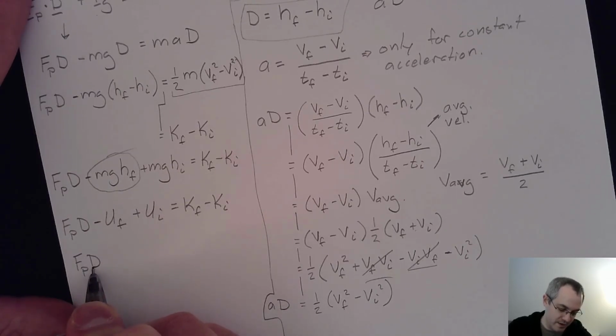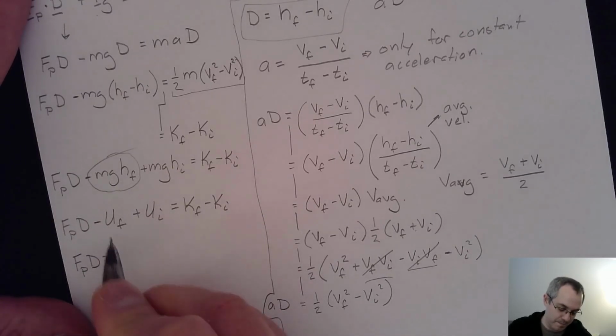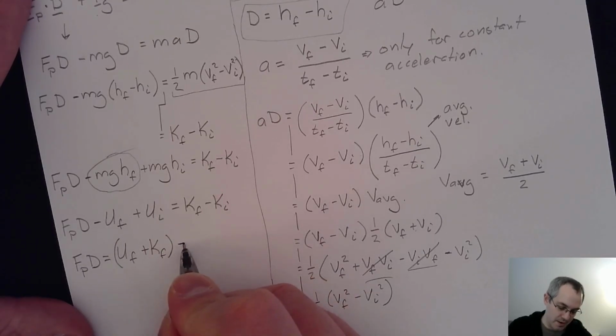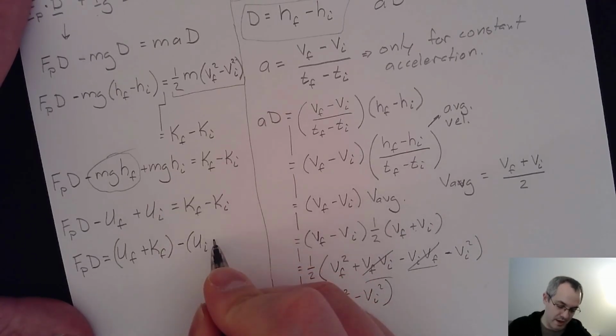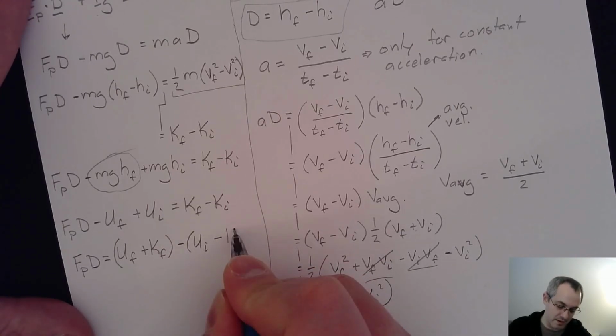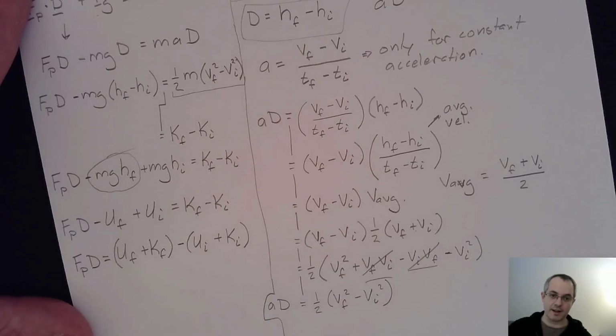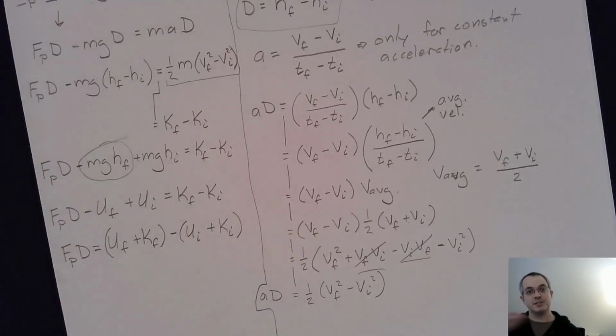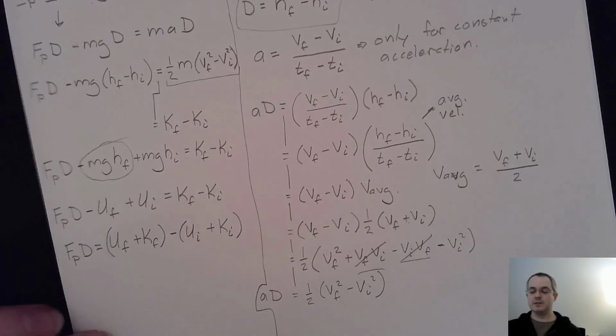Fp d stays on the left-hand side, equals the final potential energy plus final kinetic energy, minus initial potential energy plus initial kinetic energy. Okay, final minus initial is the change in amount of energy.